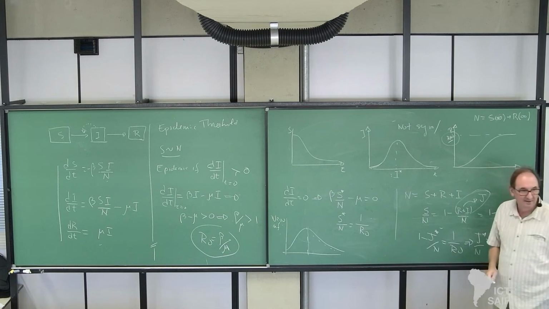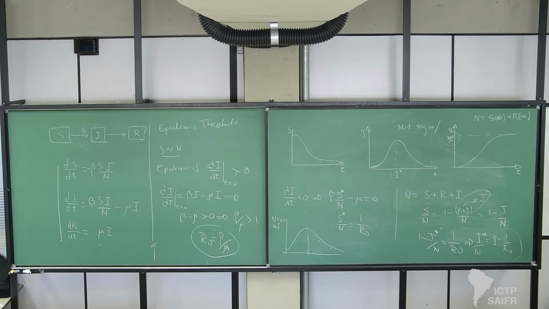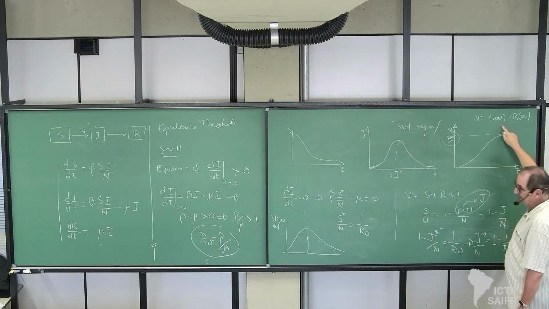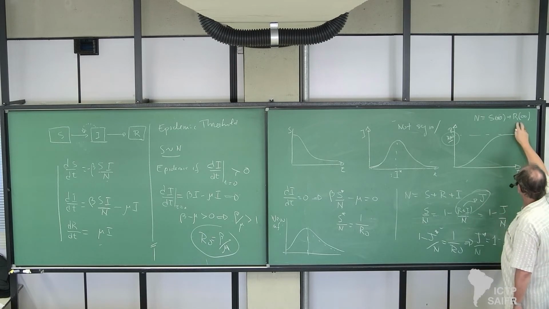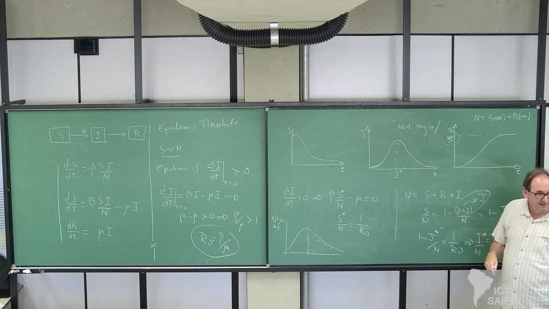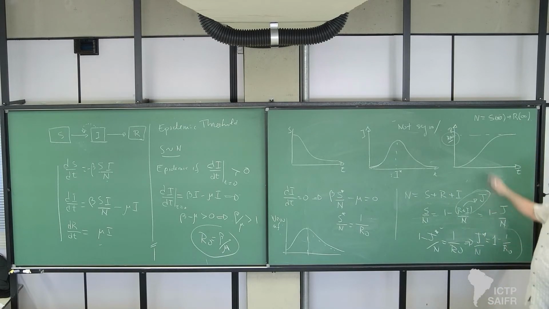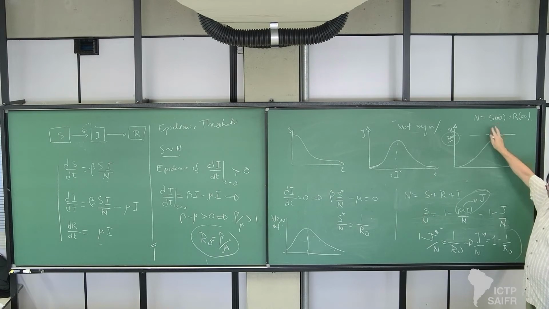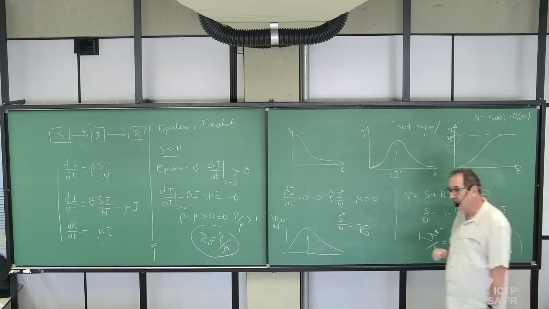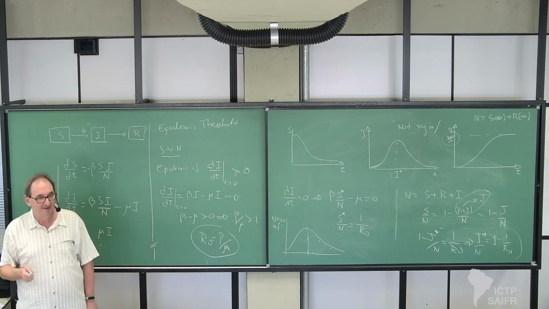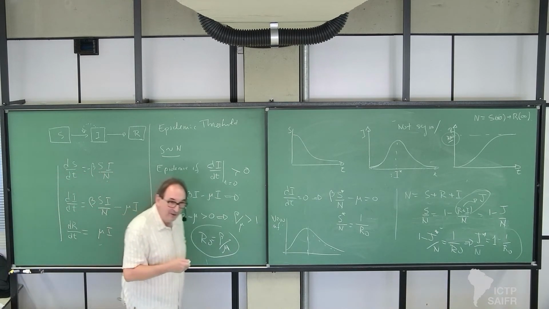When I is 0, or negligible, then you have this, and you see, in principle, if you can find R infinity, and this is not equal to N, then there is a fraction of people that remain susceptible. So not all the population will get infected. There's a fraction of the population that will not be infected.